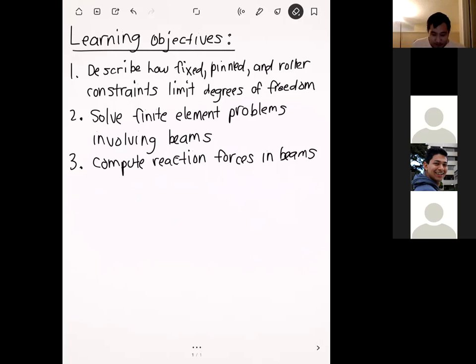Okay. All right. So let's continue on with beams. The idea with beams, remember, we've just gotten done talking about springs and truss elements.